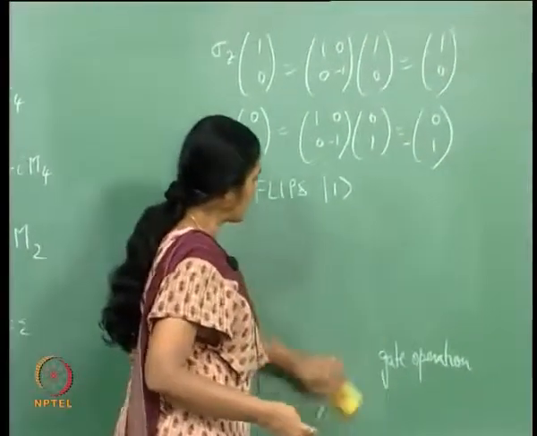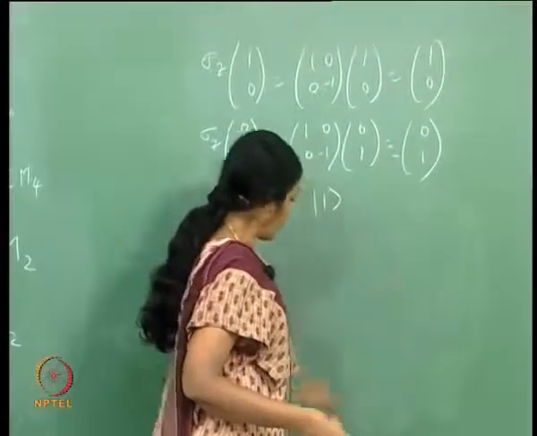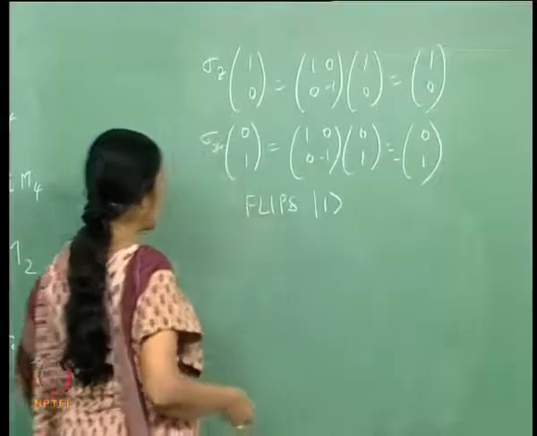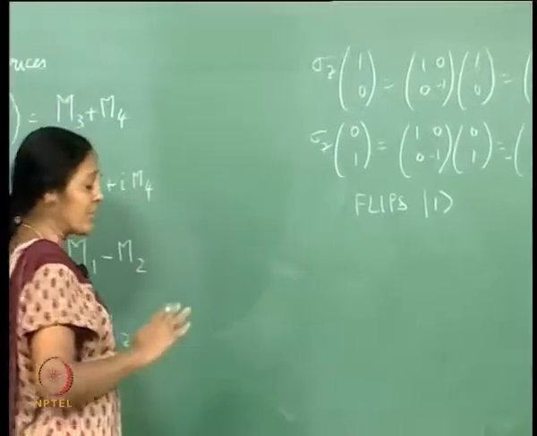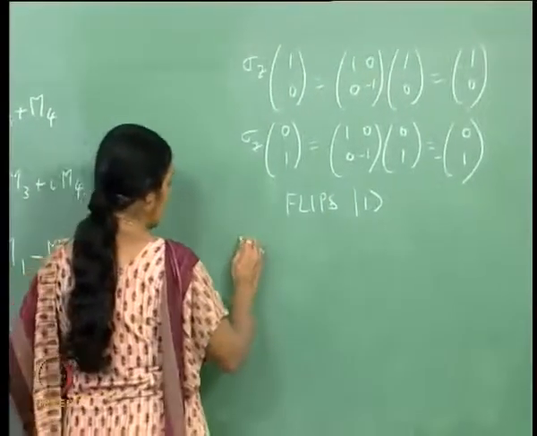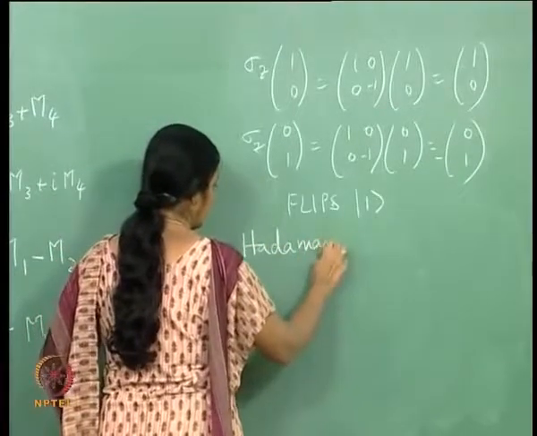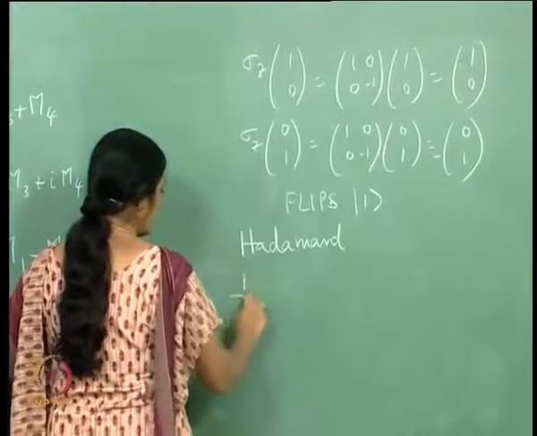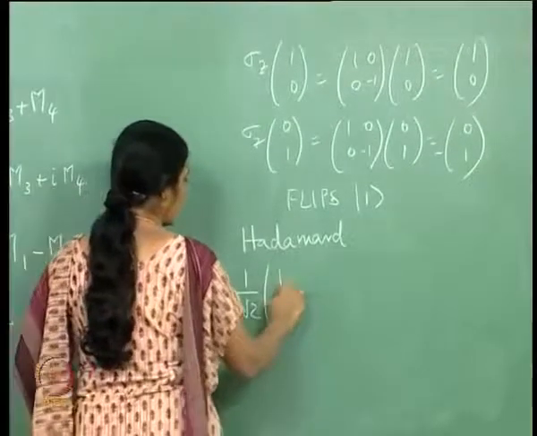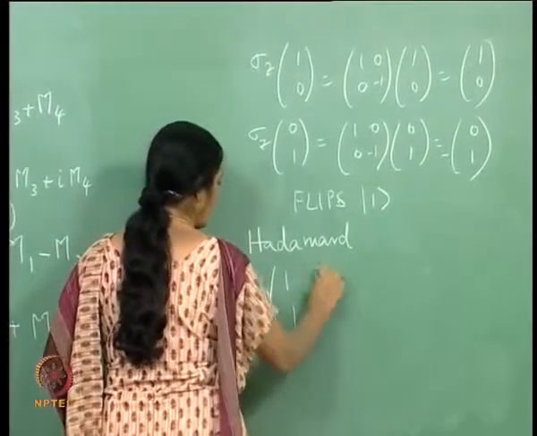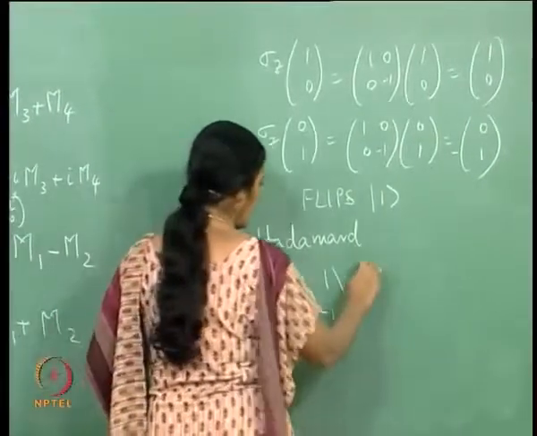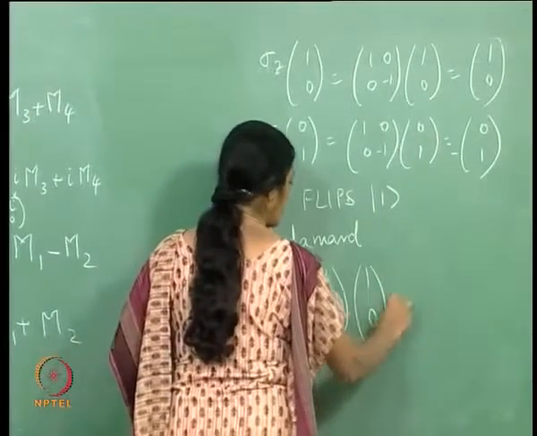So that is another important quantum logic gate operation which is carried out by the Pauli matrix. To complete the picture, there are of course many important logic gate operations, but right now I will talk about the Hadamard operation, and that just has 1 by root 2 times (1 1; 1 -1). What would this do to (1, 0)?